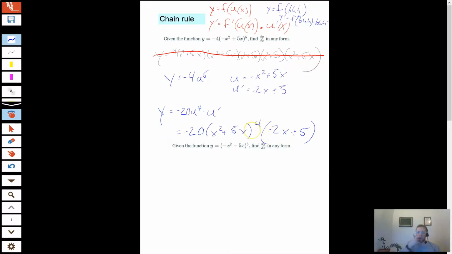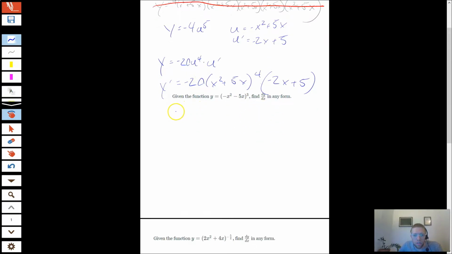That's the chain rule. It's the derivative of the outside function, which is -4 times something to the 5th, times the derivative of the something. Now is a good time to pause if you didn't follow that. If you did, we'll do a couple more.